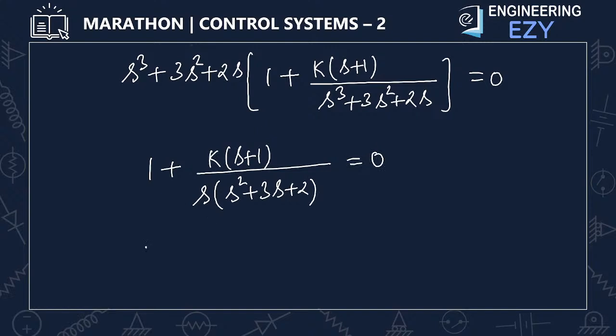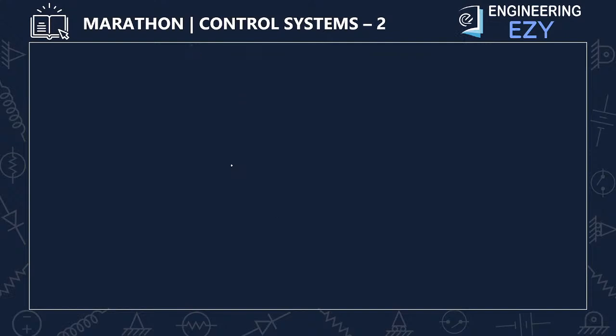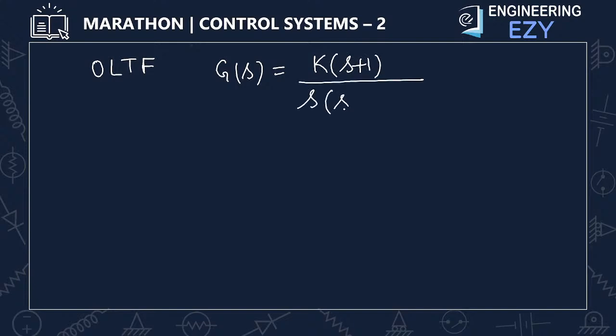If you compare it with the closed loop characteristic equation, with G(s)H(s), H(s) is 1, a unity feedback system, so if you compare it with 1 plus G(s) is equal to 0, the open loop transfer function G(s) is K times (s plus 1) upon s into (s square plus 3s plus 2).